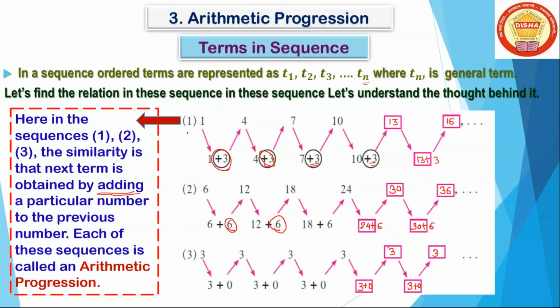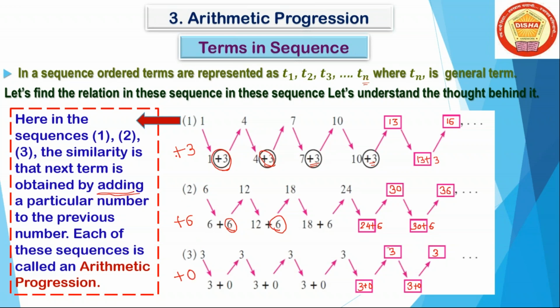What we see in these three examples is that a particular number is added. In the first example we added 3, in the second example we added 6, and in the third example we added 0.